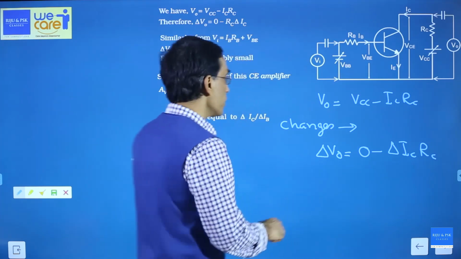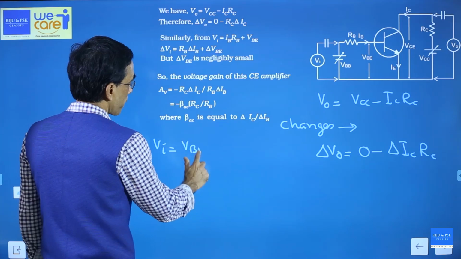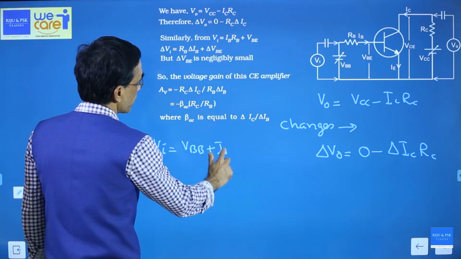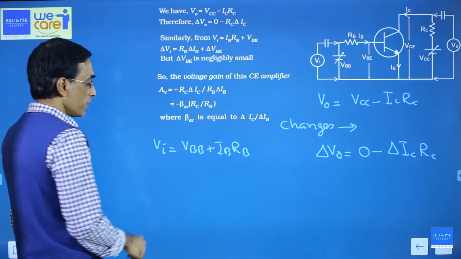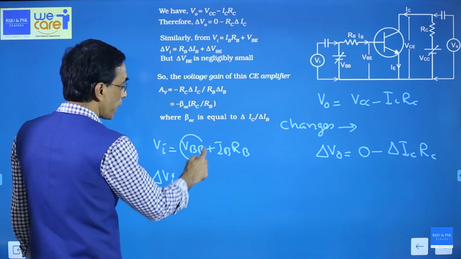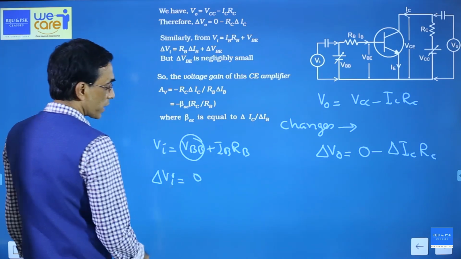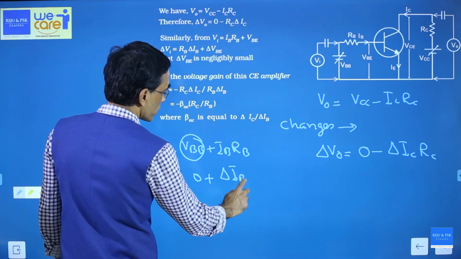Let us do the same thing for the input side. For the input side, we have the equation VBB plus IB RB. And what can change here? If the input voltage is changed, the change in base voltage is negligible, so we will take it to be 0. Here the resistance will not change, only the base current will change.